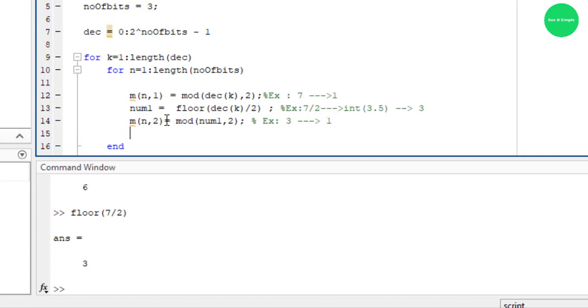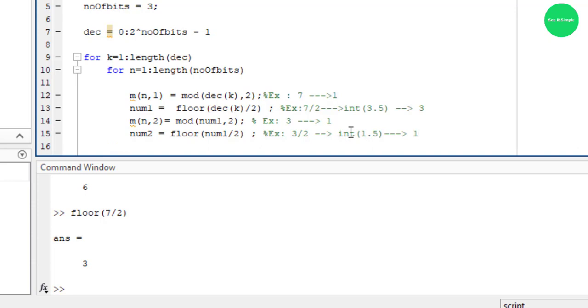Then we have to divide that 1 by 2 again. num2 is num1 by 2, that means floor of 3 by 2, because num1 is 3. 3 by 2 is 1.5, then it is 1.